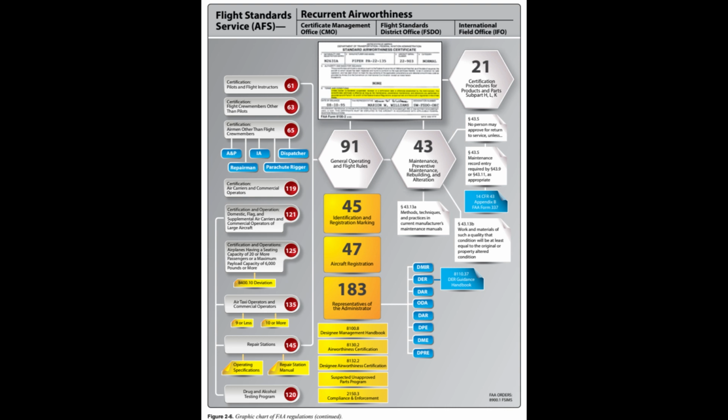This is because Section 91.403(b) states, no person may perform maintenance, preventive maintenance, or alterations on an aircraft other than as prescribed in this subpart and other applicable regulations, including Part 43 of this chapter. A more complete discussion of this regulation, especially Subpart E, is presented later in this chapter.